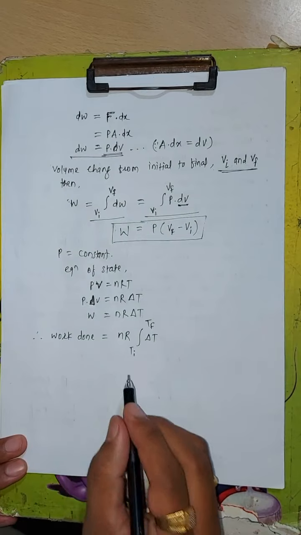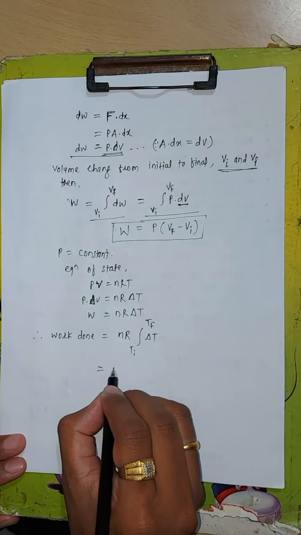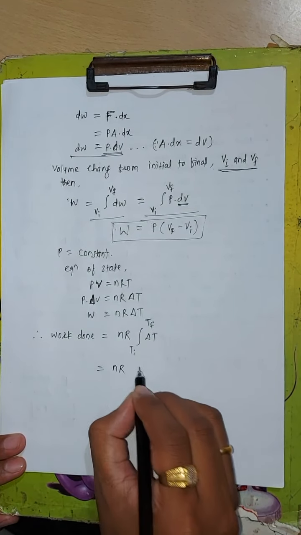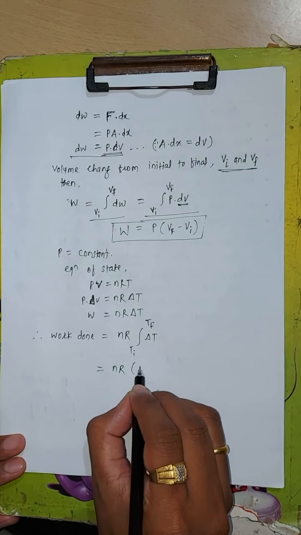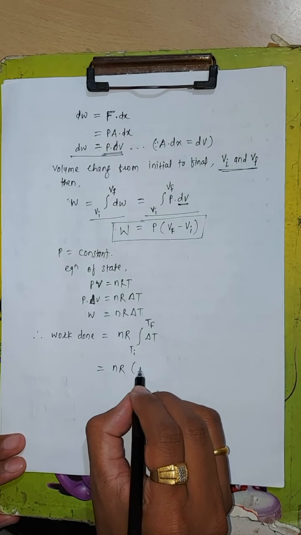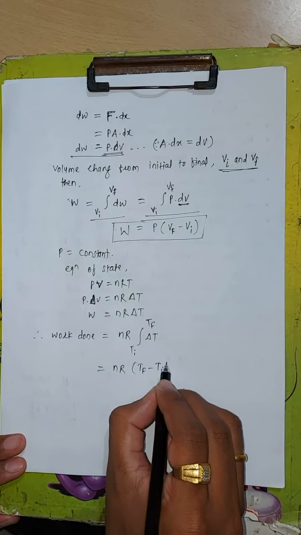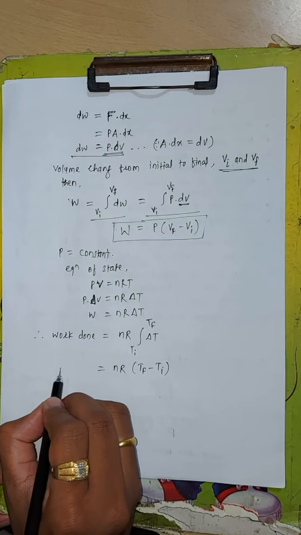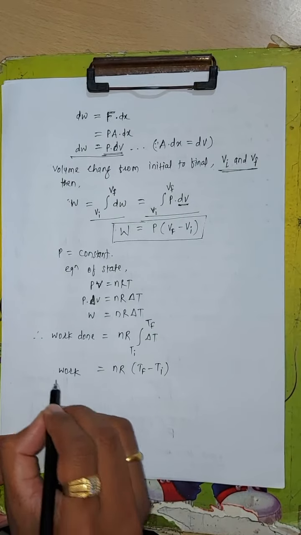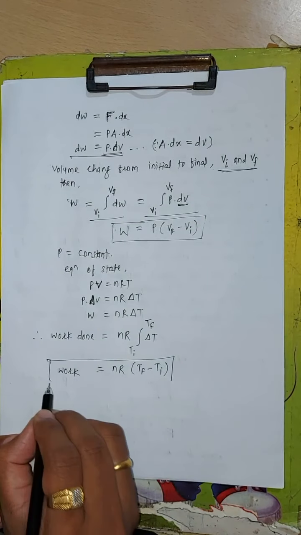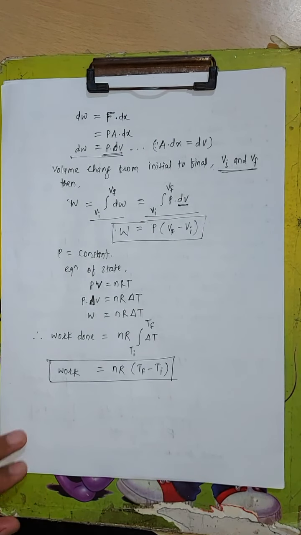So the final equation for work done is N into R into the change in temperature, Tf minus Ti, and this is also work done in terms of temperature.